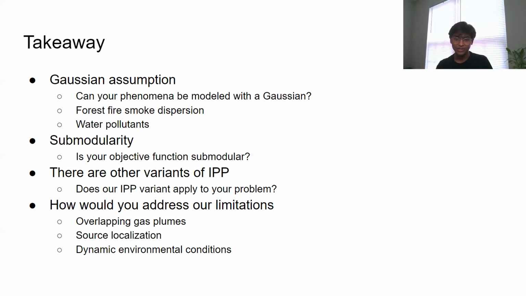Also, as I mentioned, our variant of IPP is different from the conventional IPP problem. So are you looking at a problem where this kind of IPP might be a better fit than the conventional approach?